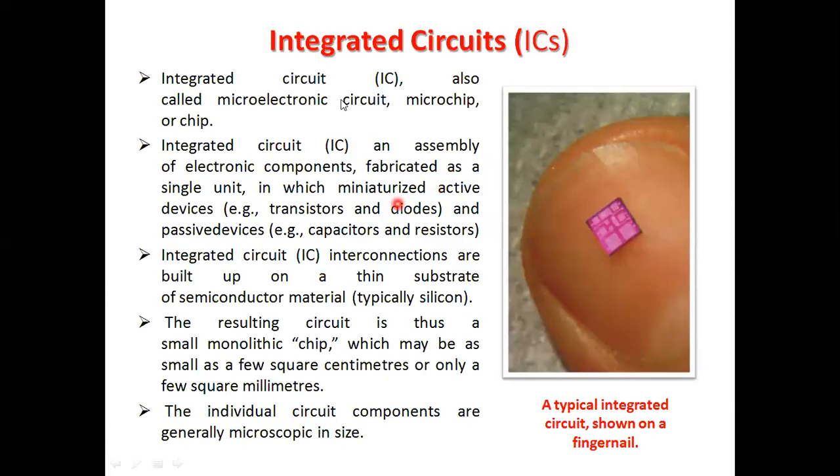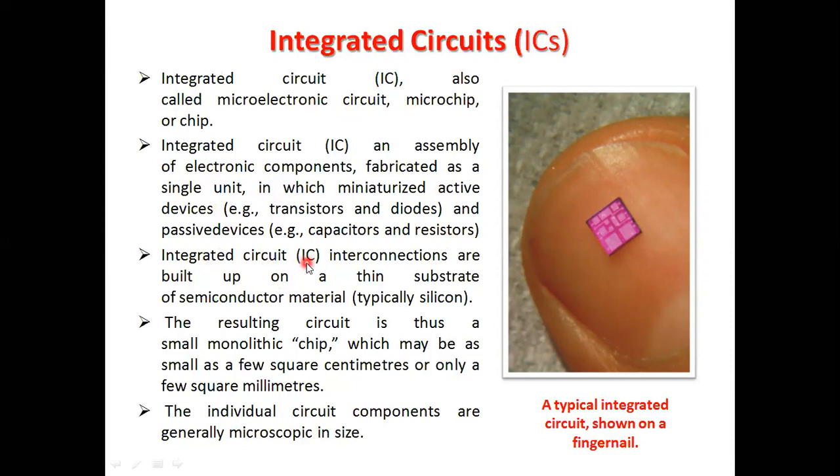At the starting of this lecture, let us have a quick review of the ICs, the integrated circuits, also called the microelectronic circuit or the microchip or the chip. Integrated circuits are an assembly of electronic components fabricated as a single unit, in which miniaturized active devices such as transistors and diodes and passive devices such as capacitors and resistors are there.